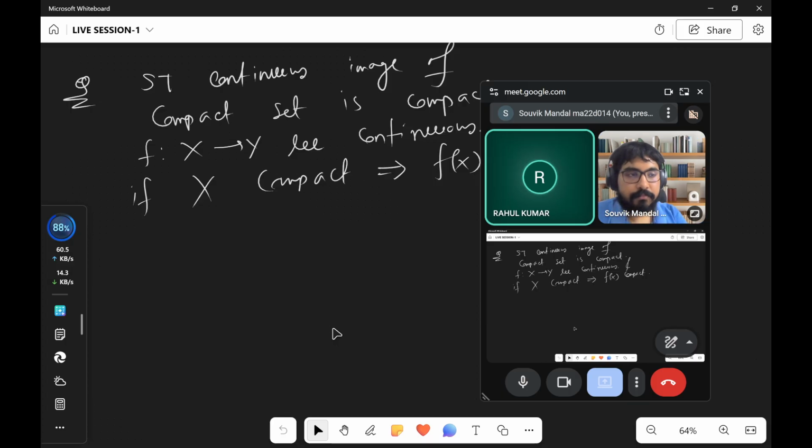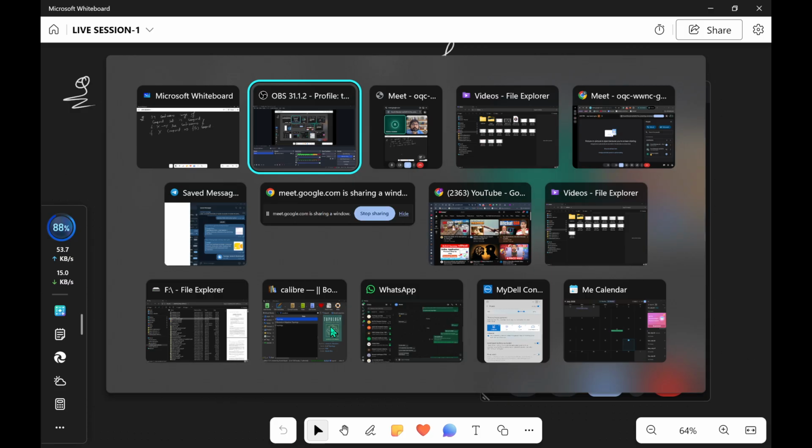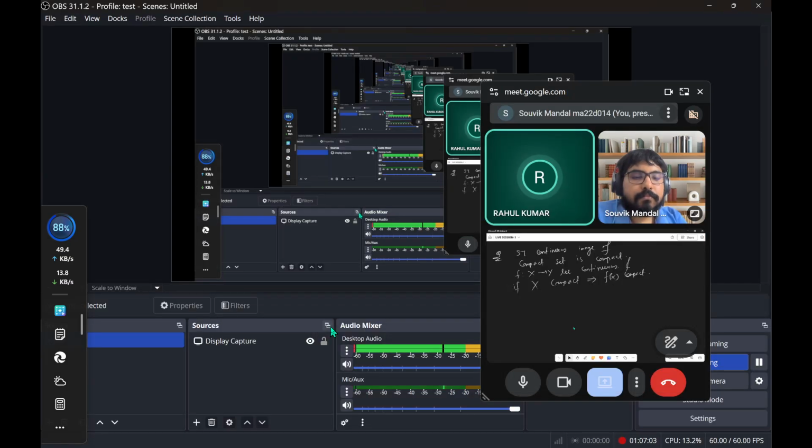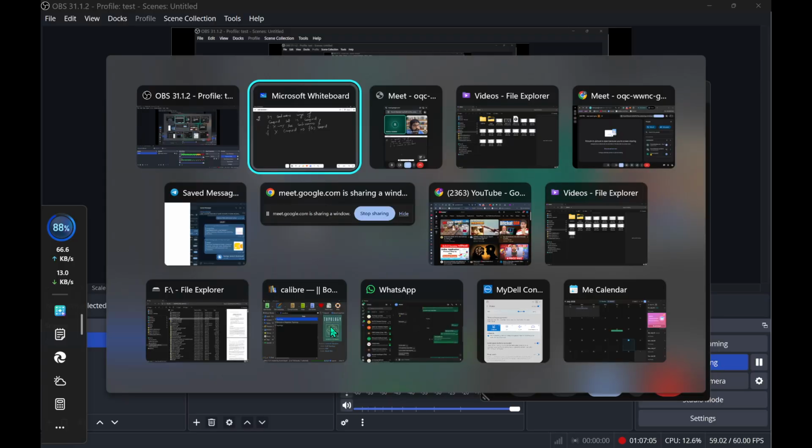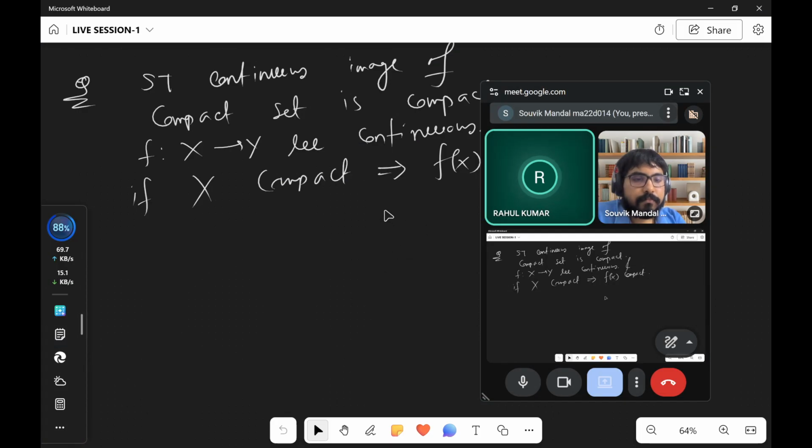We apply the continuity definition that the inverse image of an open set is open, so we can conclude that f(X) is compact.